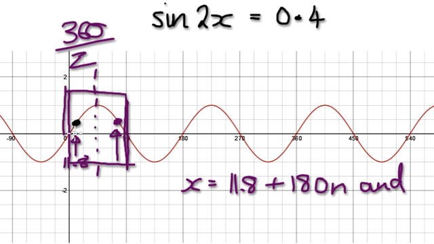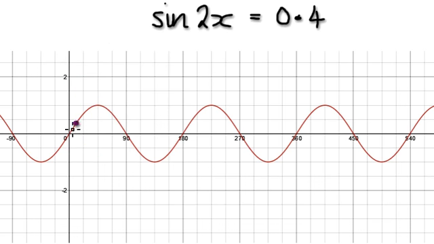From here to here is 11.8, and from here to here is also 11.8. So all you have to do is get 90 and take away this bit here, which will give you this point here.